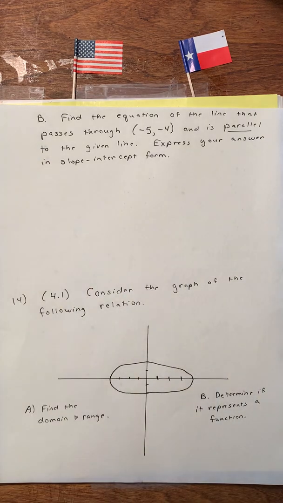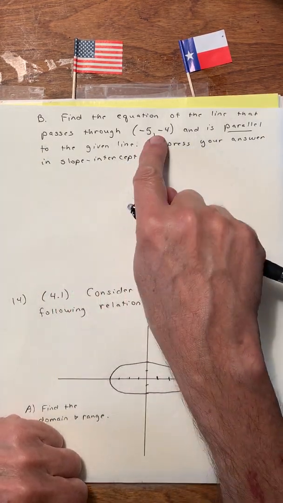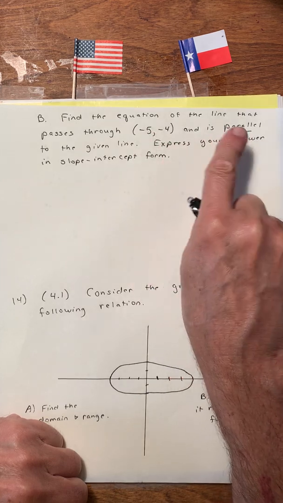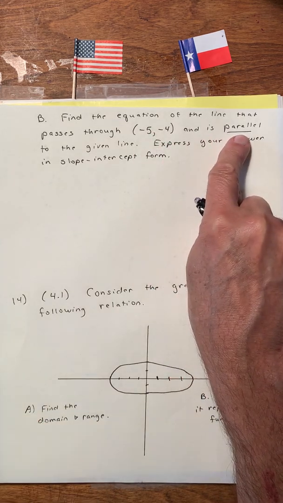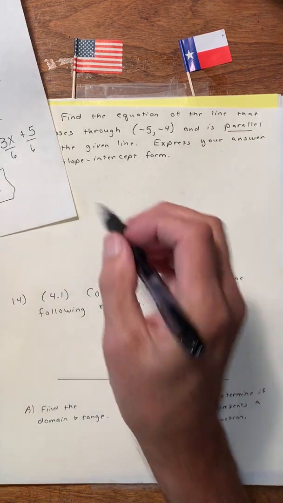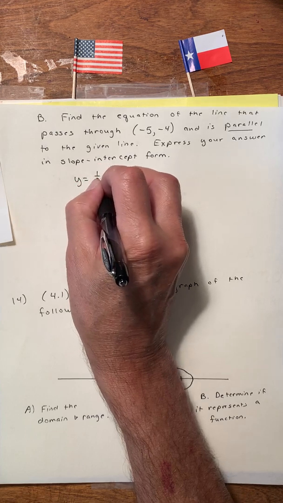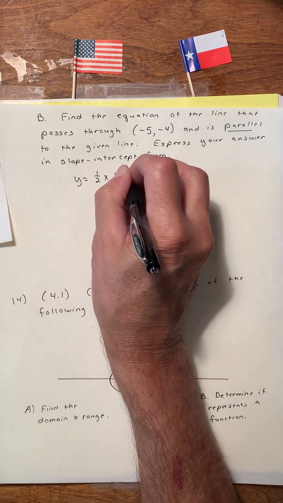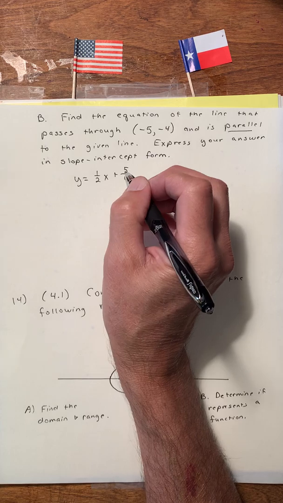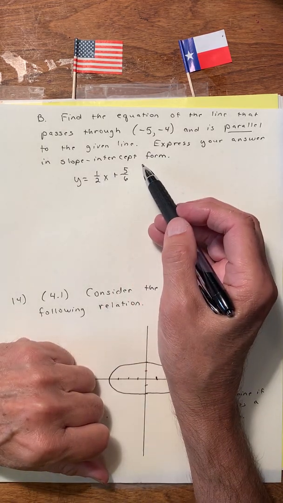All right. Second question. Find the equation of the line that passes through some point and is parallel to the line that I just found. Let's remind ourselves that the line I just found is y equals 1/2 x plus 5/6. Express your answer in slope-intercept form.